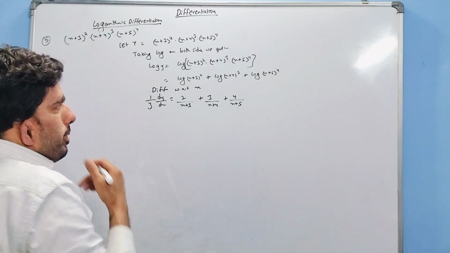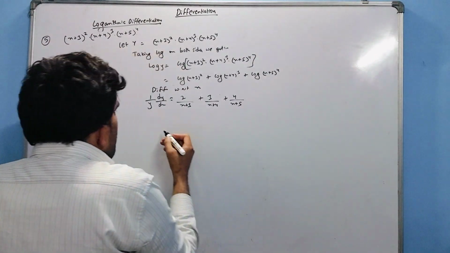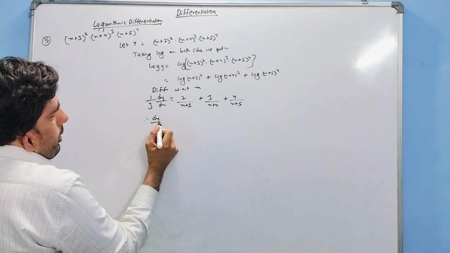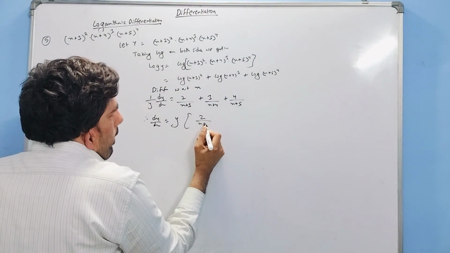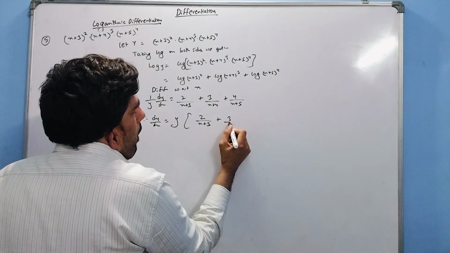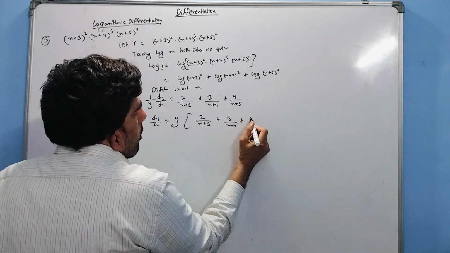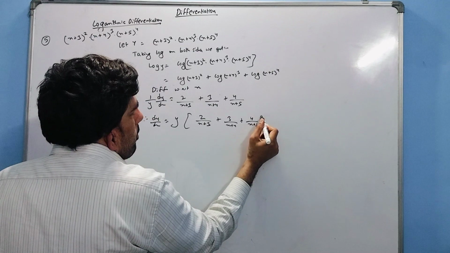So we have this. Therefore dy/dx will become y into [2/(x+3) + 3/(x+4) + 4/(x+5)].